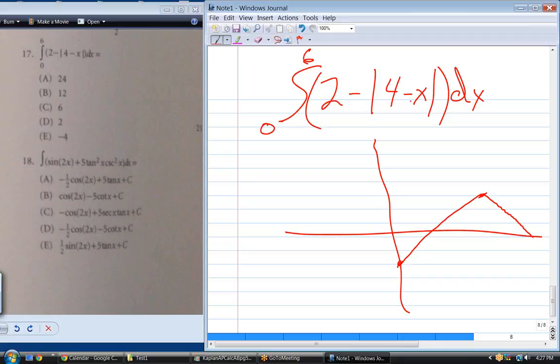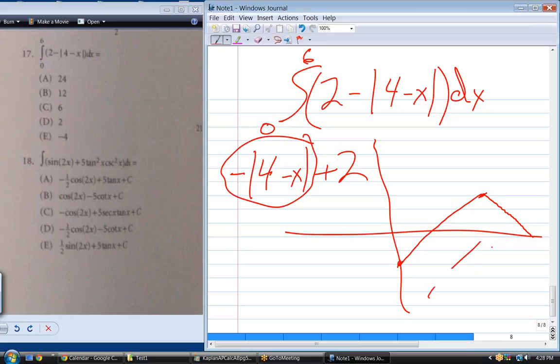In other words, if I rewrite this thing as -4 minus x plus 2, well, it's the graph of that vertically shifted up by 2 units. Well, the graph of this thing is basically something that looks like that. In other words, when x is 4, we're on the 0 line. So it is the graph of the original absolute value function shifted up by 2.